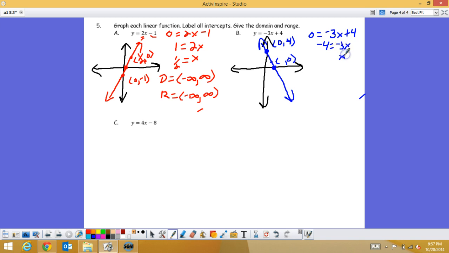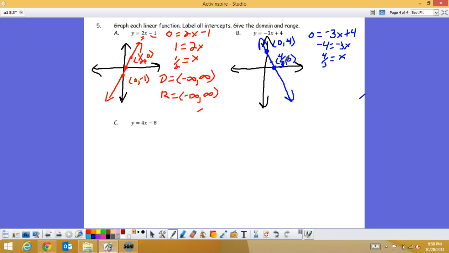And when we divide by negative 3, x is equal to positive 4/3, which makes sense because according to our graph, we should get a positive value for that x-intercept. So that is the point 4/3, 0.